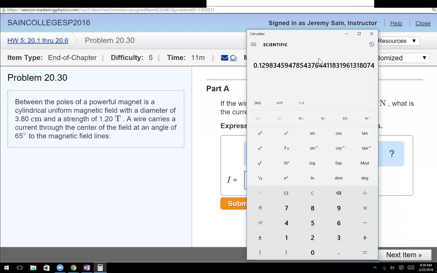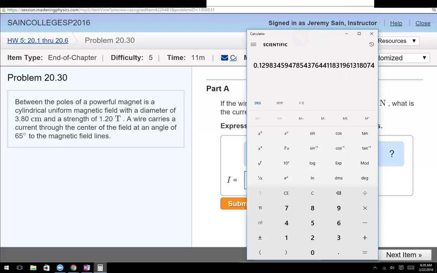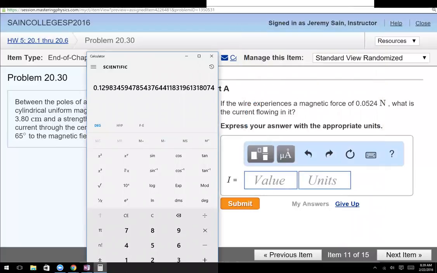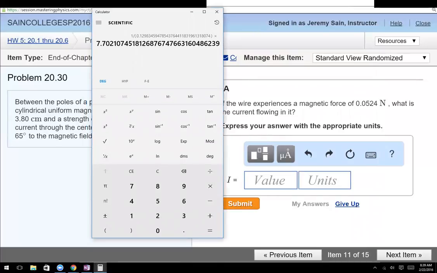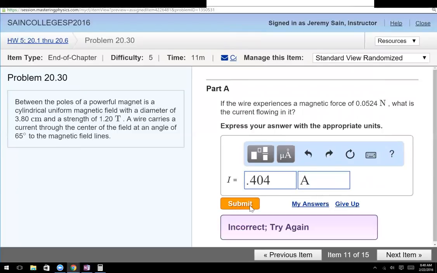So force should be equal to that times current. If they give me the force, I just need to do force divided by that. So 1 over x times 0.05. Let's try that. 0.404 amps. Nope, that's not right. Okay.